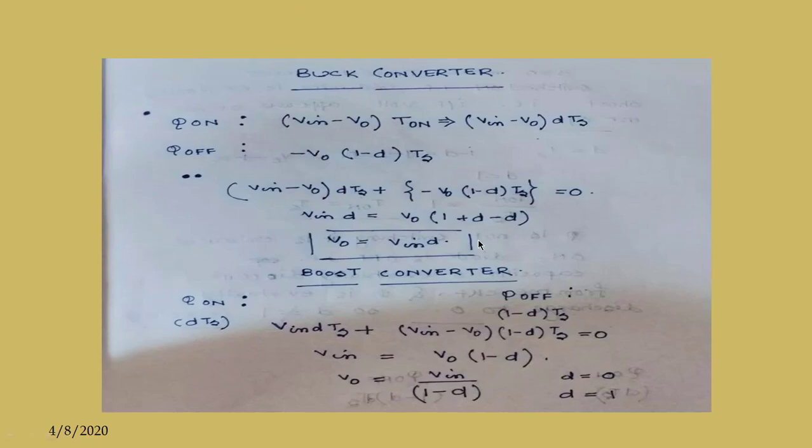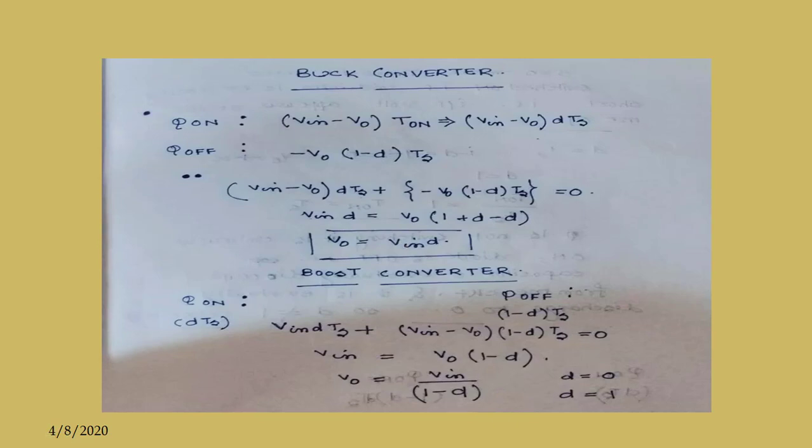If we simplify this, we get V output equals V in into D. So this is the input output relationship for the buck converter. This is the most important relationship for buck operation or step down operation.